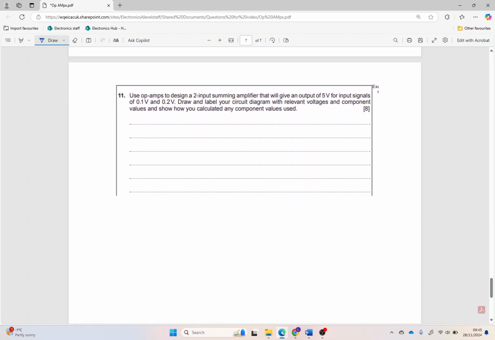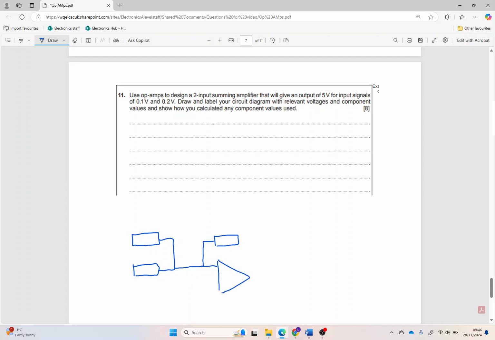So summing amplifier here. We should all be able to draw a basic summing amplifier. A summing amplifier is based on an inverting amplifier. Okay, so it's a 2-input summing amplifier. So I'm drawing it something like so.